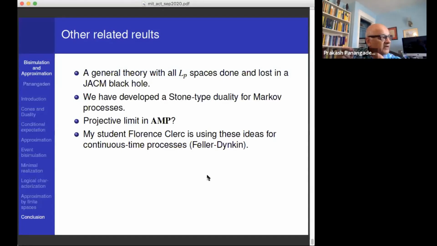This pseudometric has the property that its kernel is in fact exactly bisimulation. So when points are at 0 distance, they are in fact bisimilar. And so if you quotient by bisimulation, it'll be exactly a proper metric.